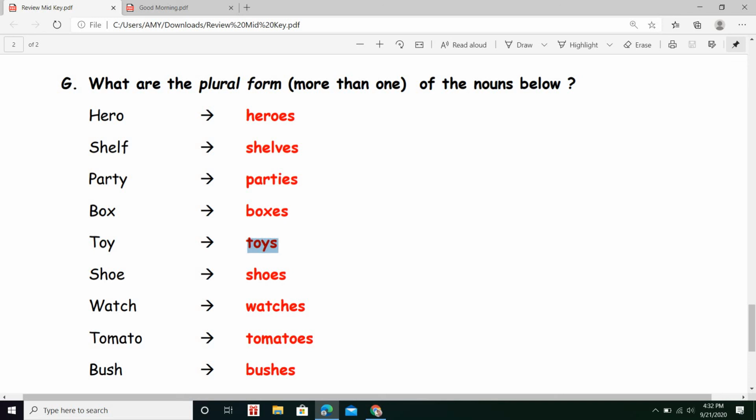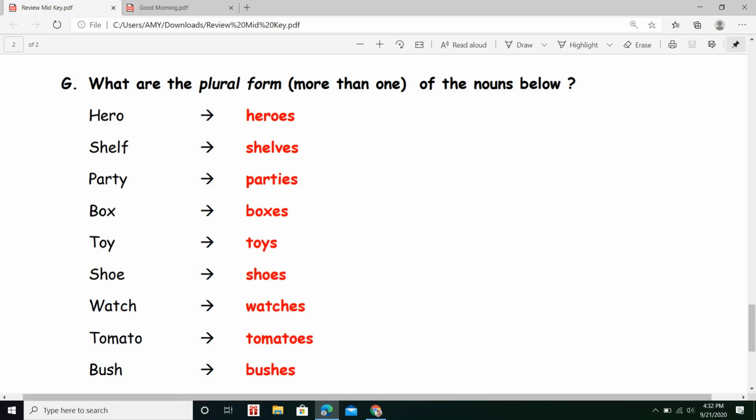We directly put S after the letter Y. So we do not erase or cross out the letter Y. We simply add the letter S, and it becomes toys. Okay, and then shoe becomes shoes.